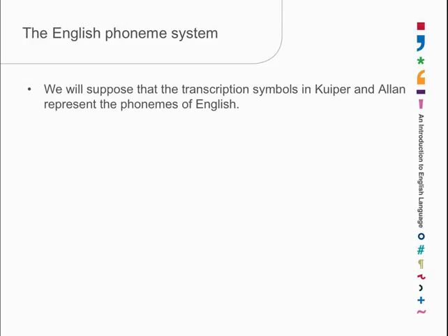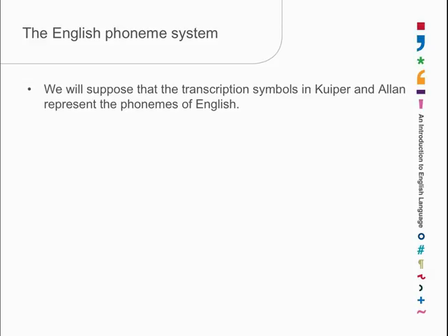We also know that the relationships among phonemes are often systematic. Of the stops in English, the oral stops in particular, we know that there are bilabial ones, p and b, alveolar ones, t and d, and velar ones, k and g, and that they differ from each other in voicing as well.